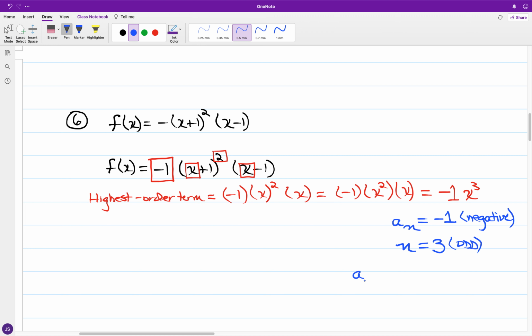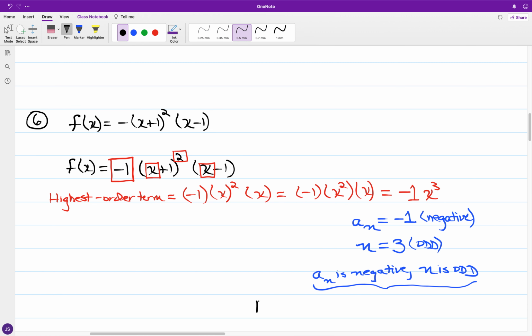Putting this together, the leading coefficient is negative and the degree n is odd. So in the case of the end behavior, a sub n is negative and n is odd.